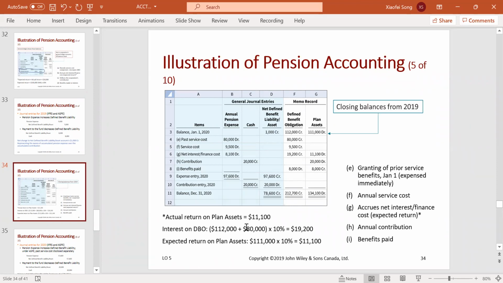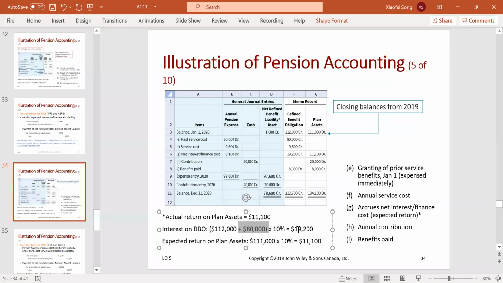As we said, we add this one here, because the amendment is at the beginning of the year. So the interest is 19,200, and expected return is just the beginning balance at 10%. It's 11,100.